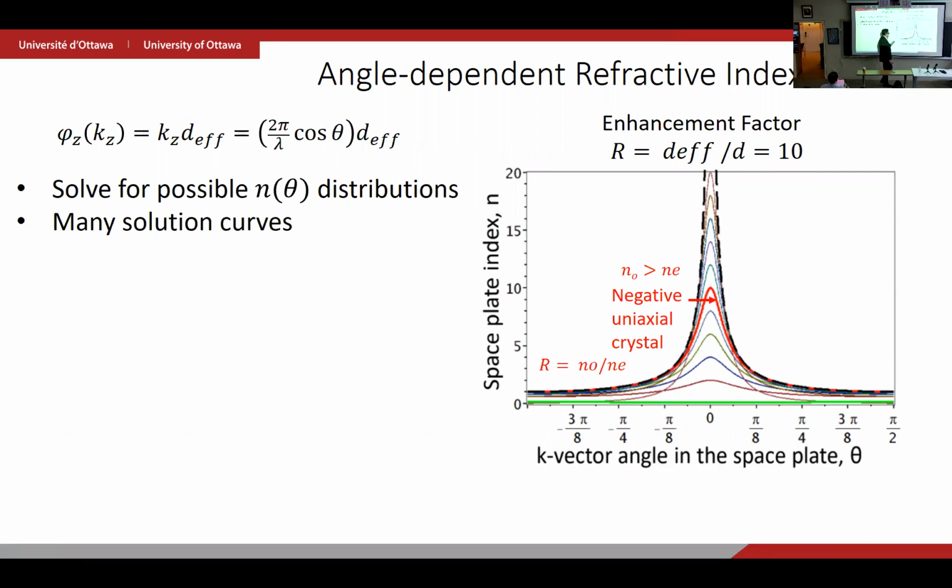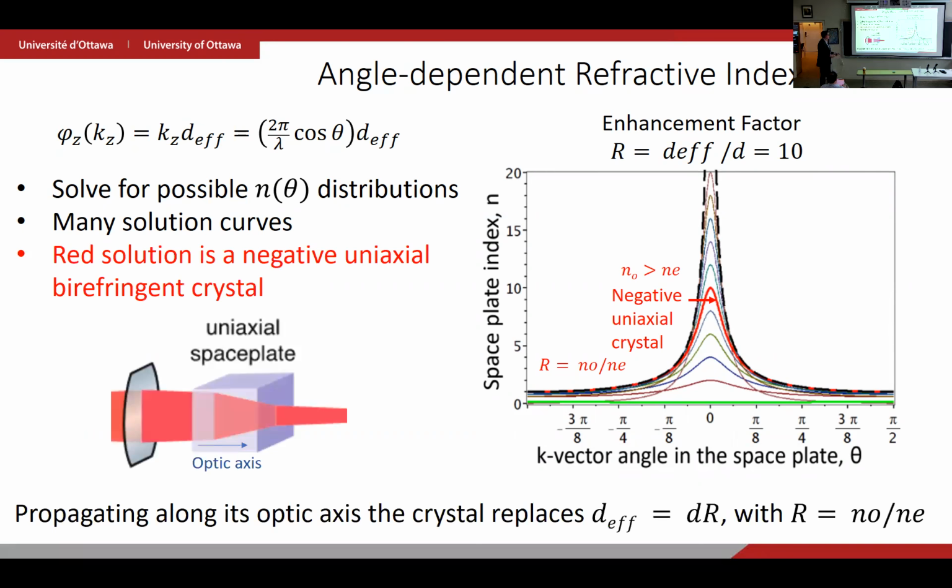And so we recognized that this was a negative uniaxial crystal, which, for those of you in optics, means that NO is larger than NE, and the compression you would get was just the ratio of the two indices in the crystal. But it only actually replaces space if you put it in a medium that matches this NE index. It's not as good as replacing free space. So we wanted to try this.